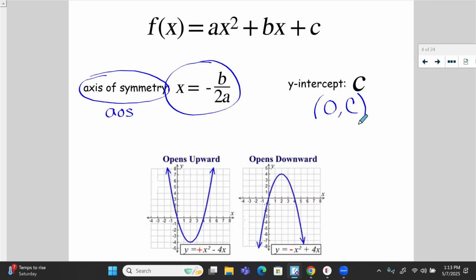The other thing we can determine is whether the parabola is going to open up or open down. How we do that is we look at the a. If your a is positive, the graph will open up. If your a is negative, your graph will open down.